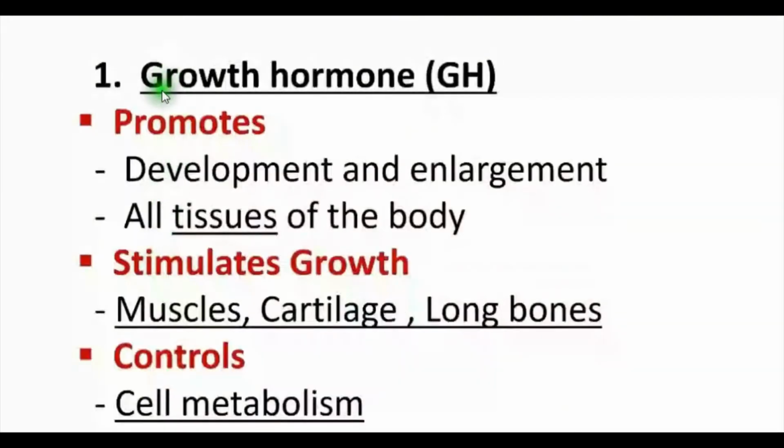The first hormone is growth hormone, or GH. Growth hormone promotes the development and enlargement of all the tissues of the body, and it stimulates the growth of muscles, cartilage and long bones. Cartilage means soft bones.